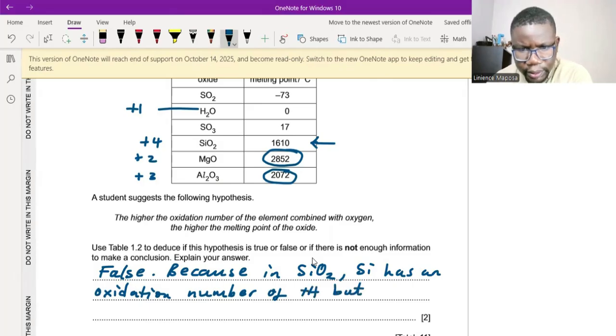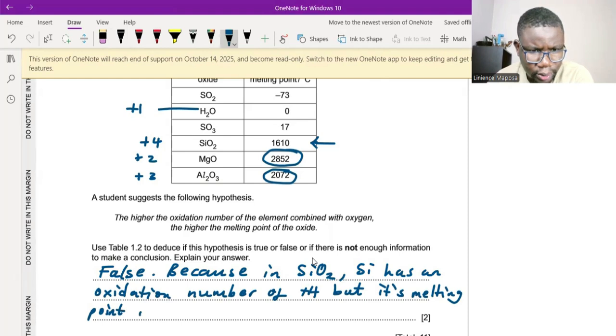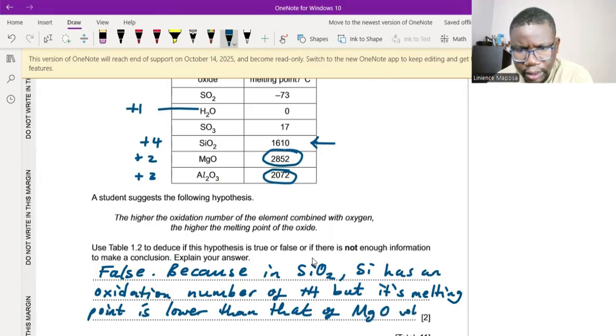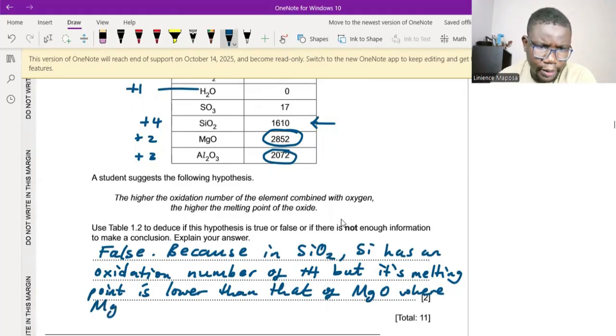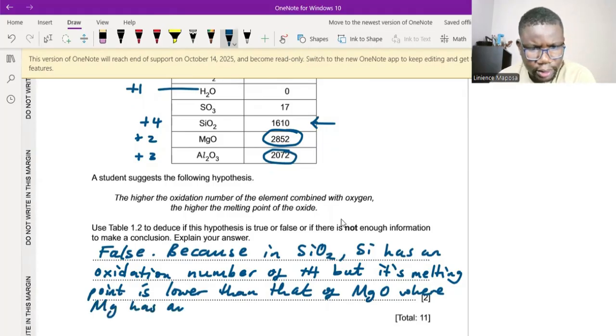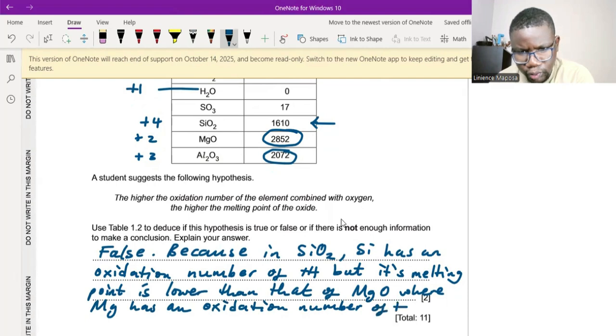But its melting point is lower than that of, for instance, magnesium oxide, where magnesium has an oxidation number of +2, not 2.